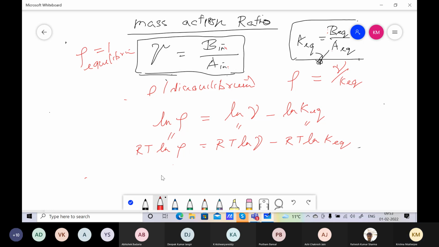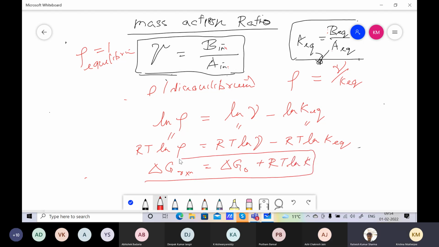So you remember delta G of reaction is equal to delta G naught plus RT ln K. You remember the equation, right? Yes, sir. Now you see the similarity between this and that, right?